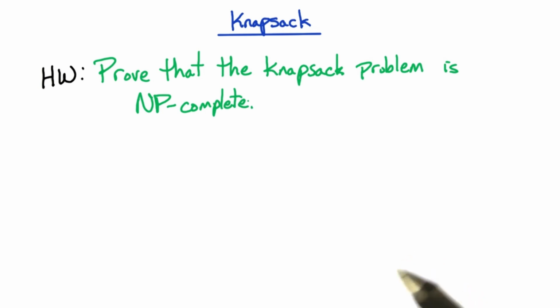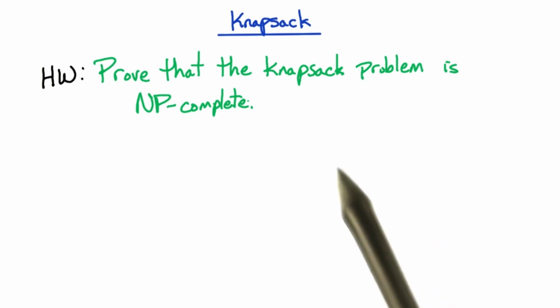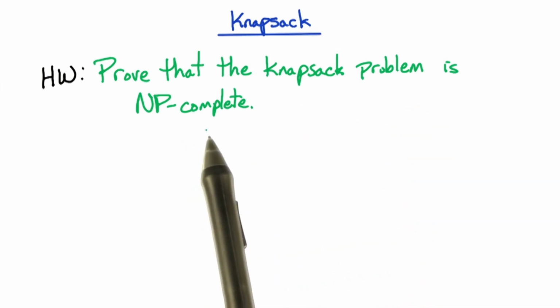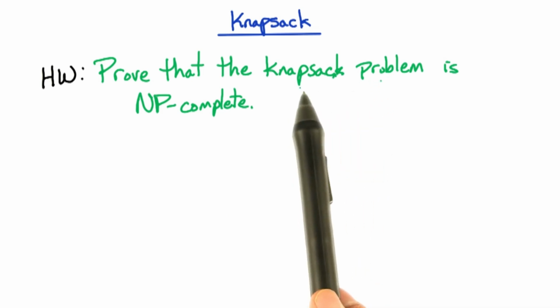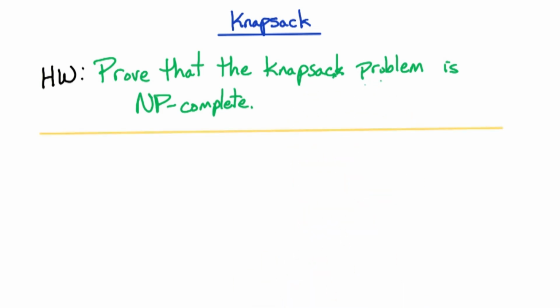Now a nice homework problem is to use the fact that the subset sum problem is NP-complete, and then prove that the knapsack problem is NP-complete. And make sure that you use the correct version of the knapsack problem, the version which lies in the class NP. Now to prove that the knapsack problem, or any problem, is NP-complete, there are 2 parts.